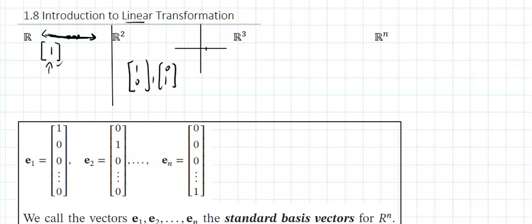If you say go to (3, 2), I'll say okay, multiply this one by 3 and multiply this one by 2. That will be (3, 0) plus (0, 2). That would be (3, 2), the point that you want. So I can get anywhere I want.